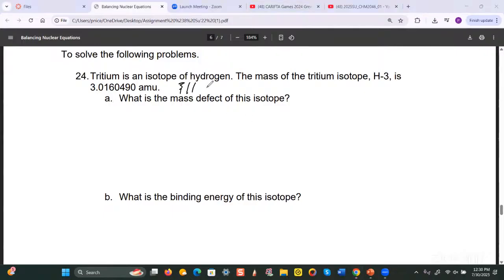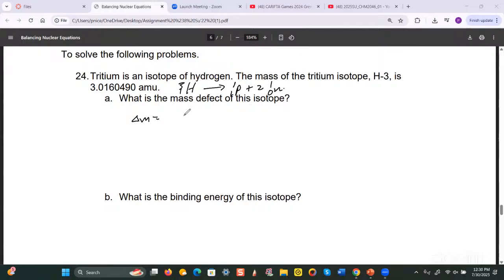Okay, so just to remind you, we're looking at the complete breaking up of the tritium nucleus into its constituent particles, right? So the atomic number is 1, so we know that there's 1 proton present, and the mass number is 3, so we have 2 neutrons present, right? So delta M would be equal to the sum of the masses of the protons and neutrons.